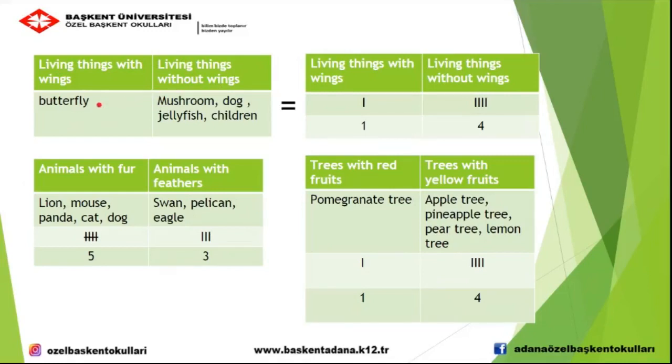Butterfly has wings, whereas mushroom, dog, jellyfish, or children don't. If we prefer it, we can use tallies to count the living things with or without wings.